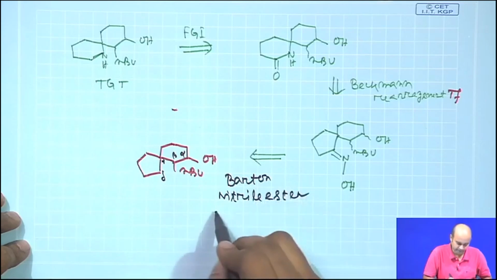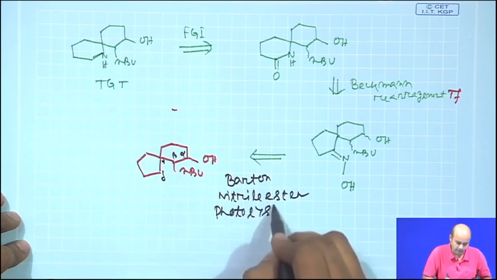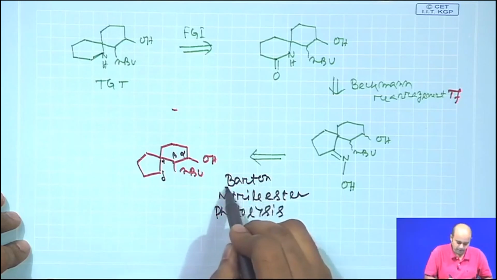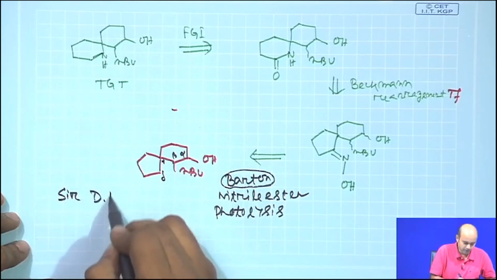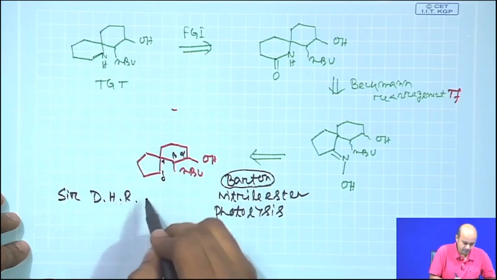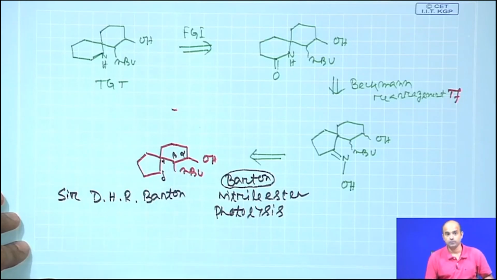I will be explaining the nitrite ester photolysis, what exactly this reaction is and how it takes place. Now, Barton nitrite ester photolysis was first invented by Sir Derek Barton, who got the Nobel Prize in chemistry working on the conformational aspects of several steroid molecules.